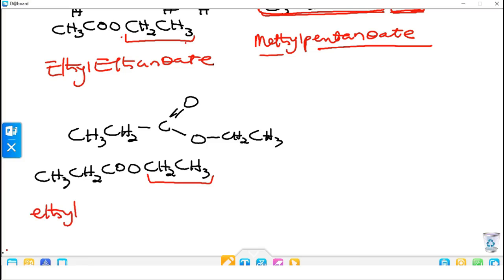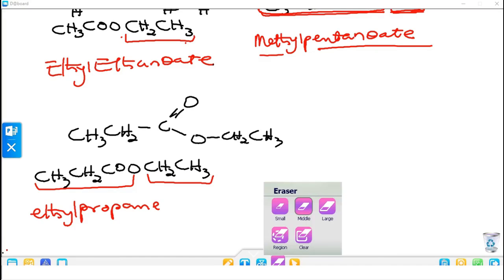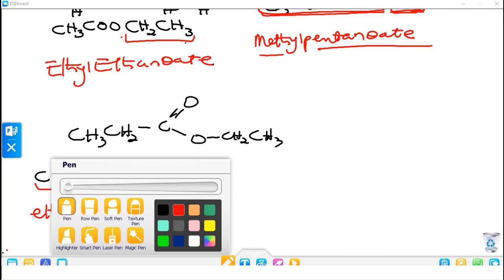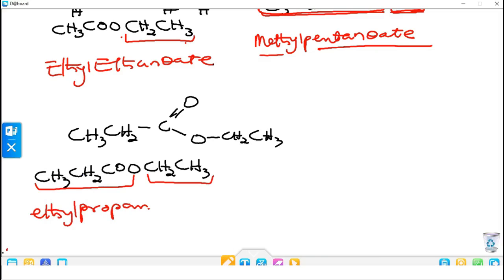Ethyl. And how many carbon atoms can we see from COO backwards? There are 3 carbon atoms, and that is prop. So that is going to give us propane for 3 carbon atoms. But because we've said that the E will be replaced with OATE, that actually becomes propanoate.